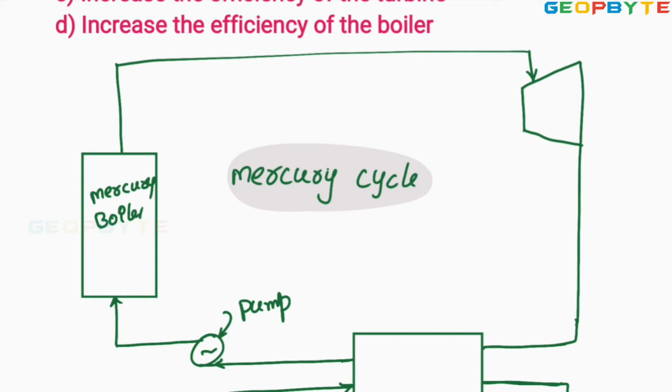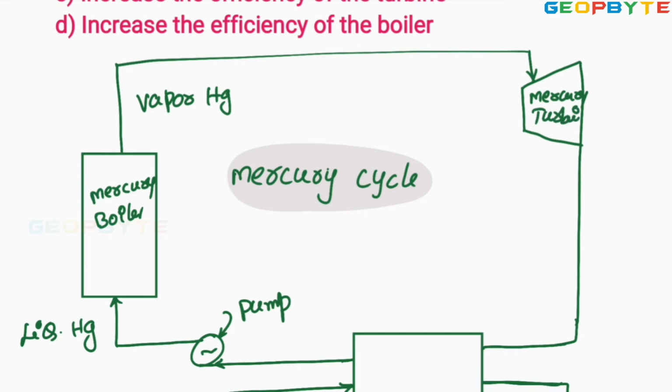For this mercury boiler, liquid mercury is entering. The liquid mercury is becoming vapor mercury. That vapor mercury is made to pass to the mercury turbine. This is the mercury turbine.